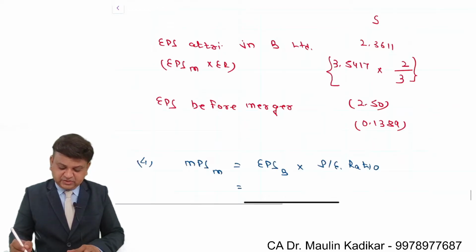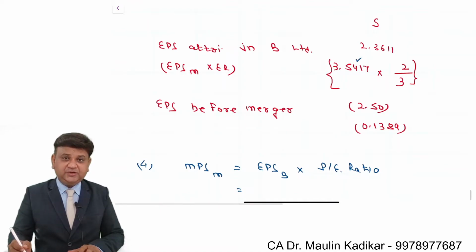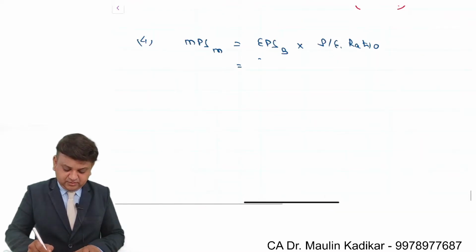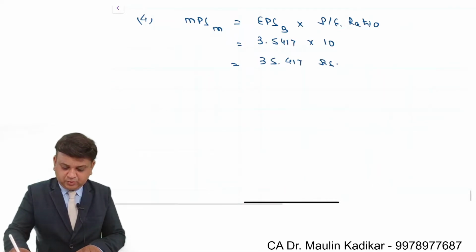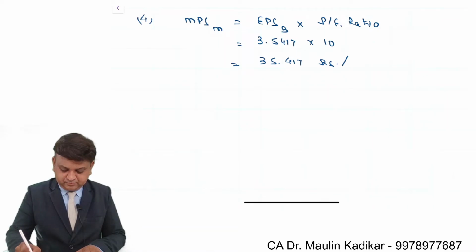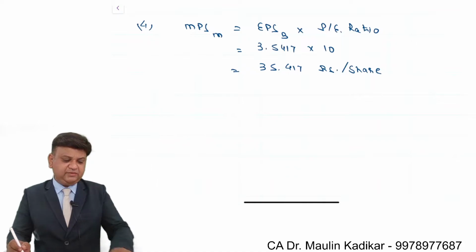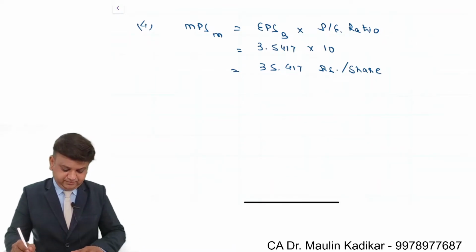EPS of B Ltd is 3.5417 into price earning ratio 10. That is 35.417 rupees per share. This is the way the MPS of the merged firm can be calculated.